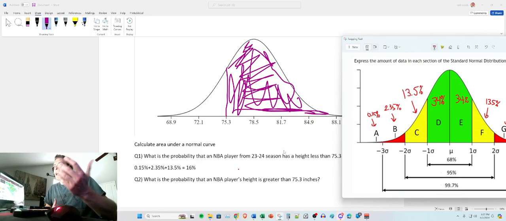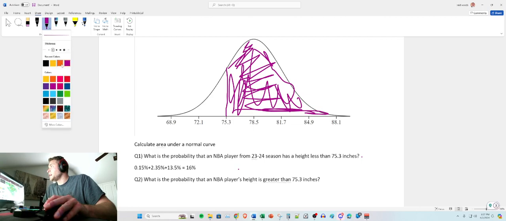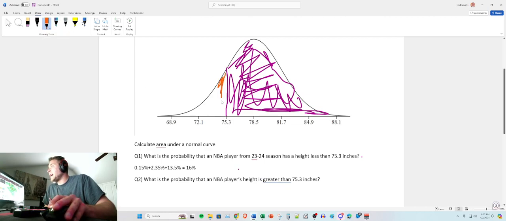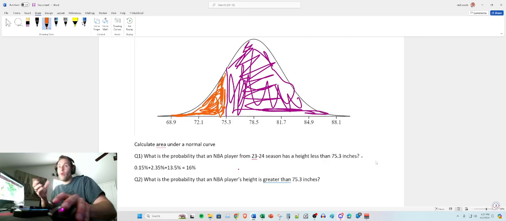But we'll notice that, remember in probability, when we learn probability, we have a term. If I highlight this orange region, this is actually what we got for question number 1. The orange and the purple area that I have here, they are what we call complements in probability. We did 100% minus the event that we don't want.